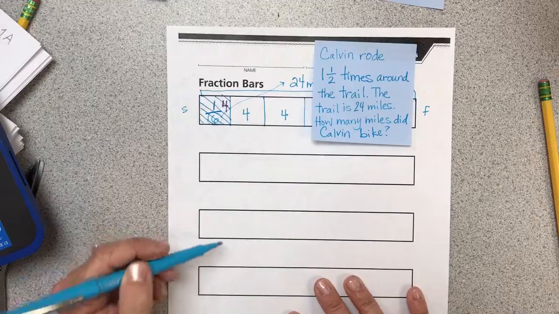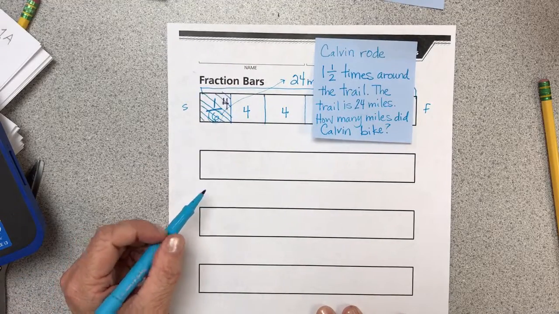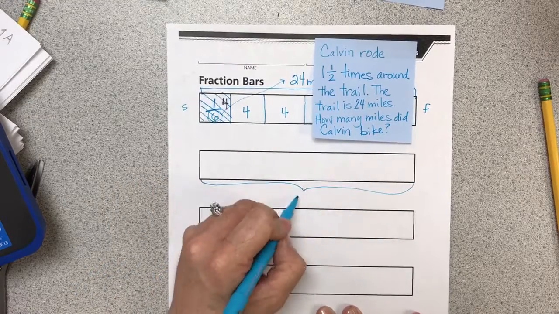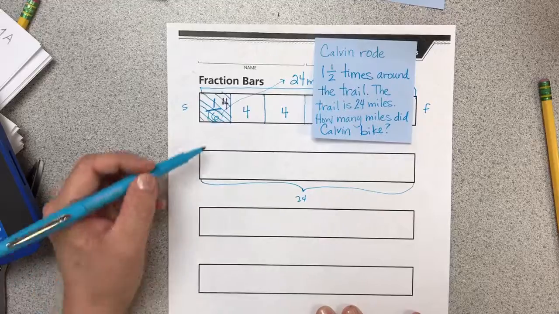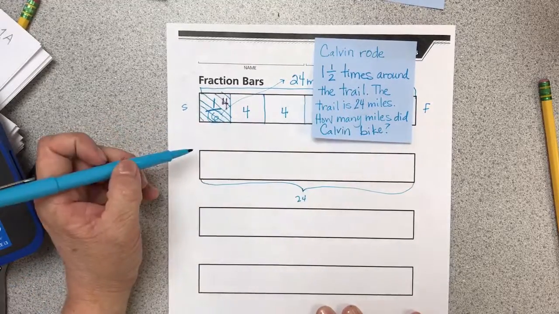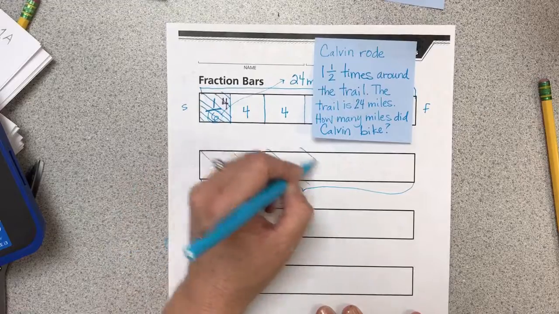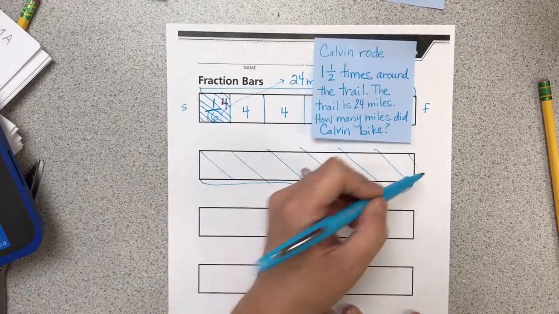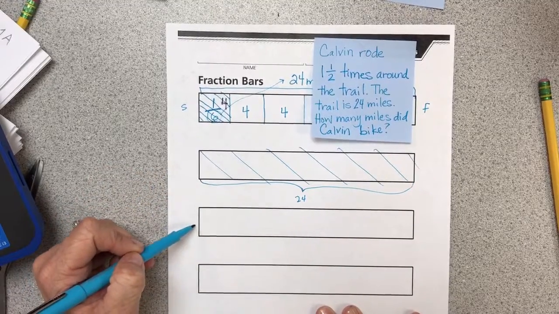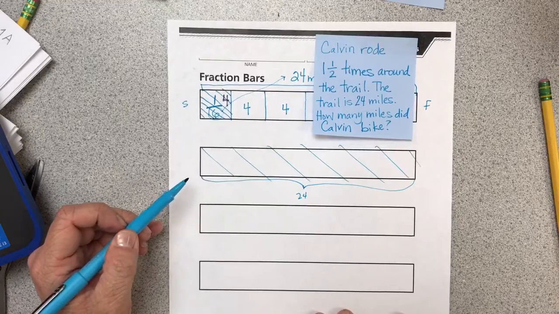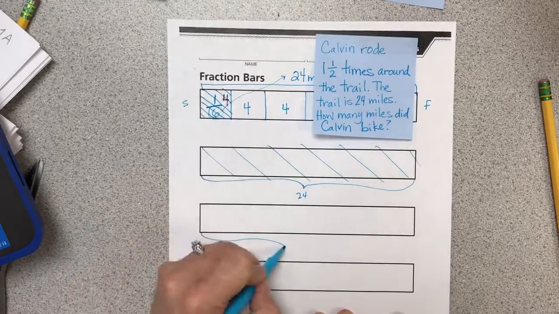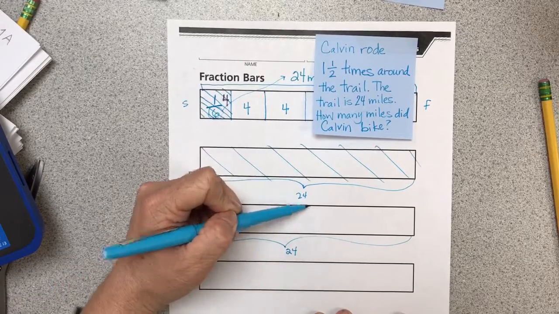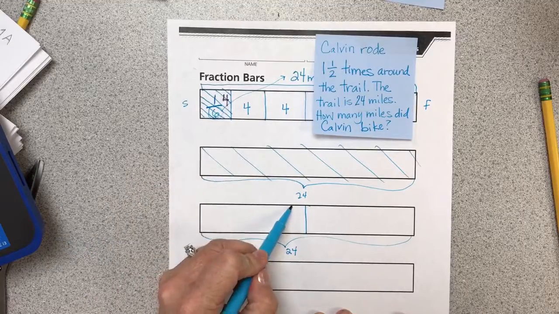To represent this on your fraction bar, we need to show that this here is 24 miles, and he goes that whole entire distance, so this should be all shaded in. Then he goes further than one whole, so we jump to the second fraction bar. This here again is 24 miles, and he goes half of the 24.